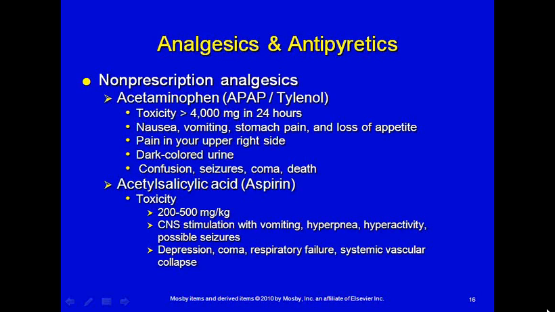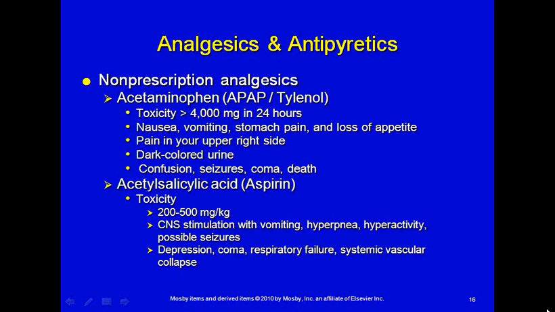Acetylsalicylic acid, say that 3 times fast, is aspirin. And the abbreviation for that is actually ASA, all capital. And aspirin toxicity occurs when you've taken more than 200 to 500 milligrams per kilogram of body weight. What you'll see with aspirin toxicity is CNS stimulation, so your central nervous system is overstimulated, vomiting, hyperactivity, fast breathing, deep breathing, possible seizures.